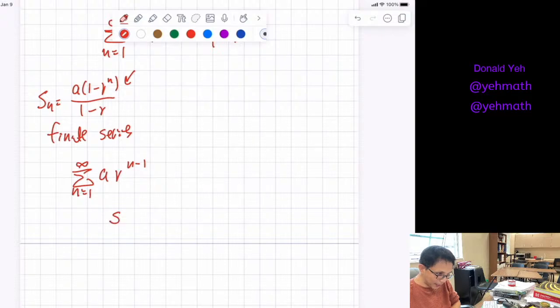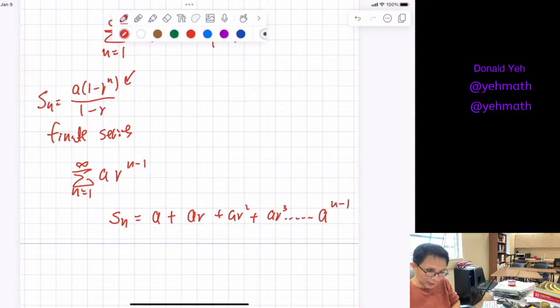I'm going to say Sn is equal to a plus a times r, because every term I'm going to multiply by r, plus a r squared plus a r to the third, dot dot dot, until the last term, which in this particular case is a r to the n minus 1.